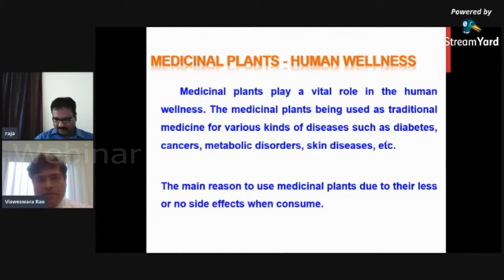Another is cost effectiveness, because when we get the materials from nature, it is very cost effective. But if you want to go for isolation or fractionation, the cost will certainly increase, unlike crude extracts.